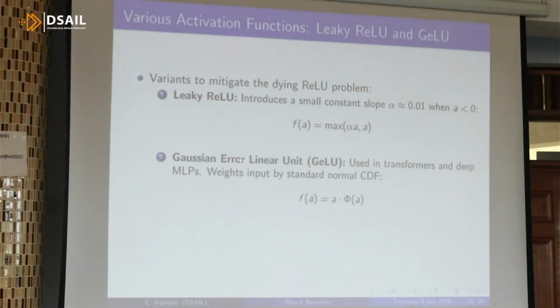Then there's the Gaussian error linear unit, used in transformers and deep multilayer perceptrons, which weights inputs by a standard normal CDF. These create a smooth approximation of ReLU, preserving slight curvature for negative values, so that we do not have zero gradients.